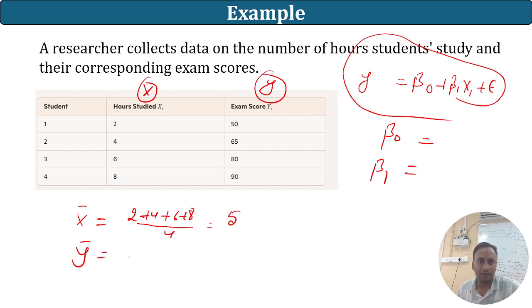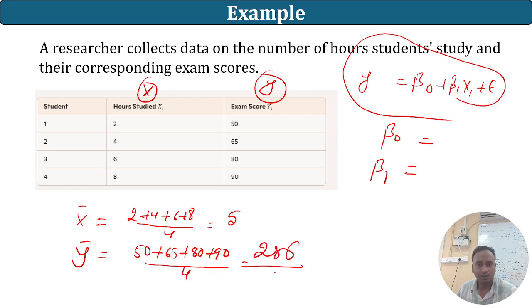Then the y bar: 50 plus 65 plus 80 plus 90 upon 4, that is 285 upon 4. We'll get 71.25. Is it?